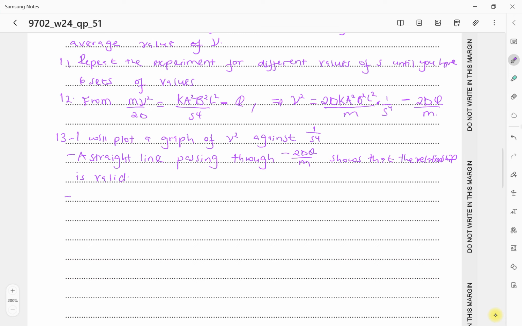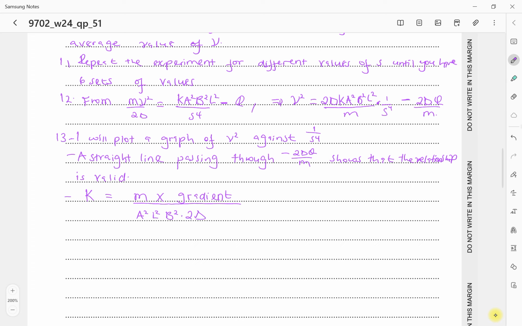And then, of course, from that equation again, we can see that the gradient equals 2dk a squared b squared l squared over m. So it means k is m times the gradient divided by a squared l squared b squared times 2d.